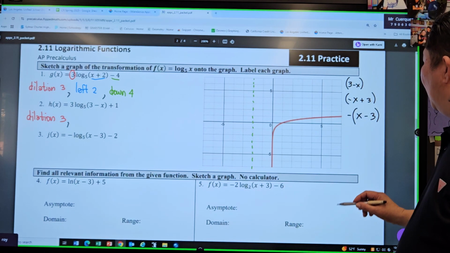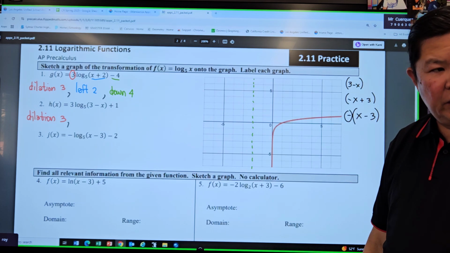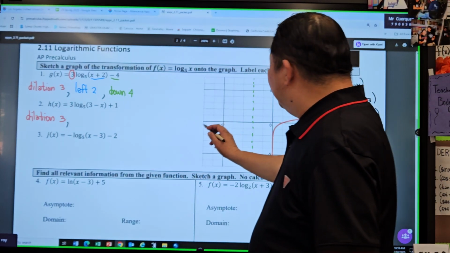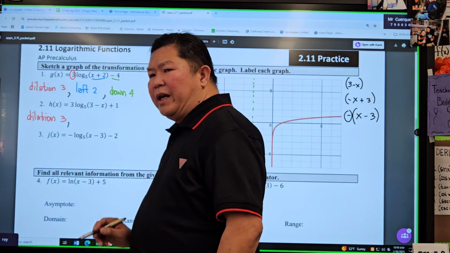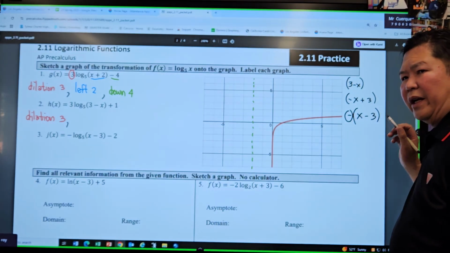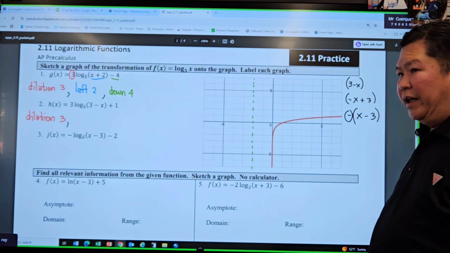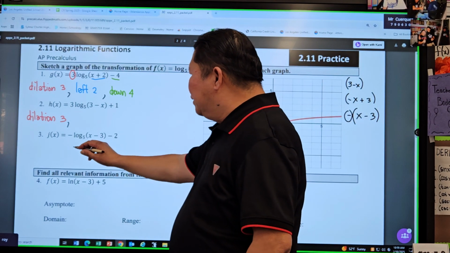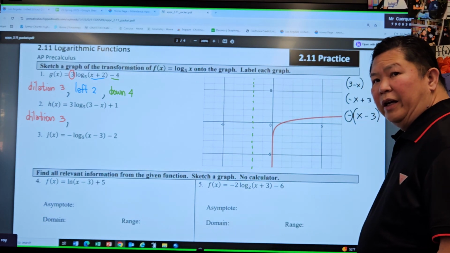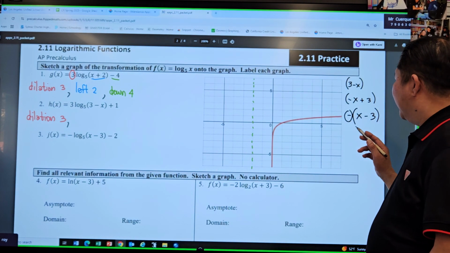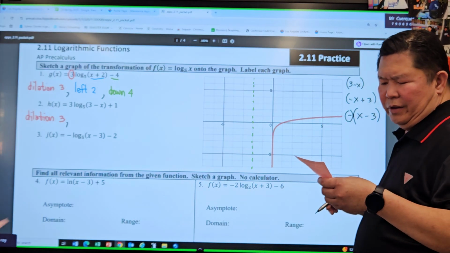Now, what is this negative 3? If 3 is dilation, what is this negative? It has something to do also with number 3.